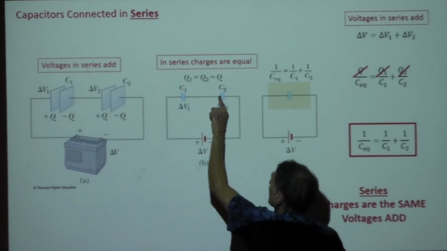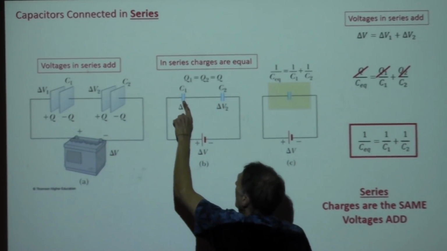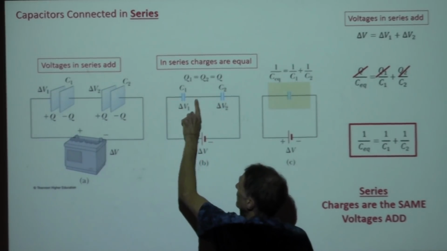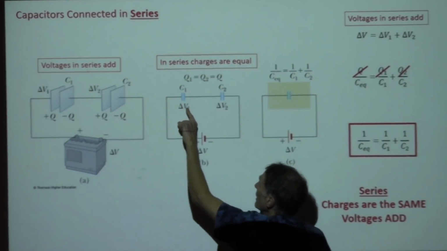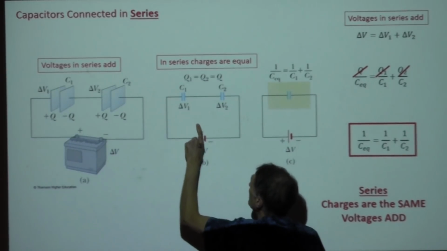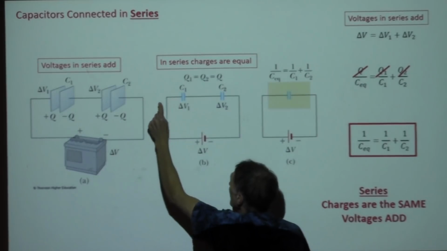That's going to drive an electron off of this plate and run it over to here. When it runs over to here, that will become negative. It also wants to get away from this other negative here, so it's going to drive itself as far as it can. And then it's going to drive an electron off of this plate over here. So it's going to be minus, plus, minus, plus.